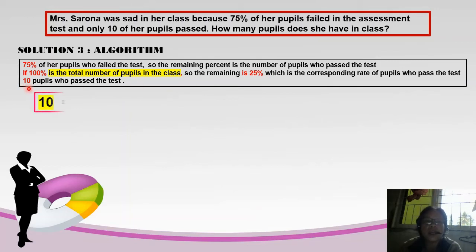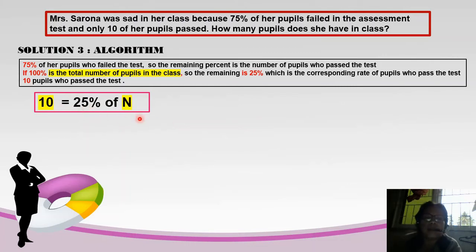Now let's try. Using this algorithm, 10, which is the number of pupils who passed the test, equals 25% of n. We're going to find out again the value of n. 10 is the 25% of n. Therefore, what is n?